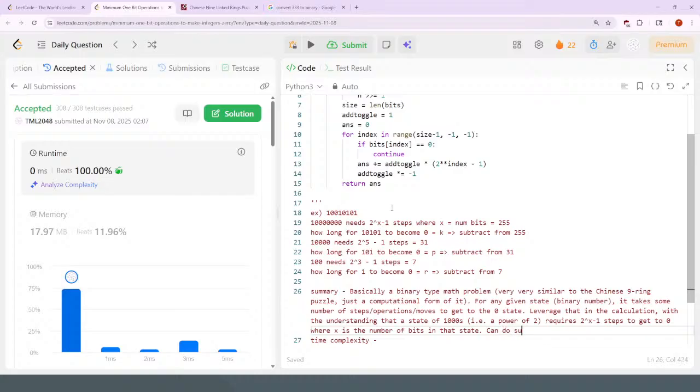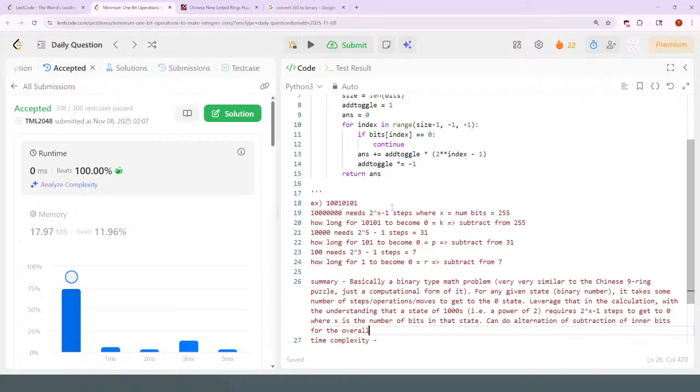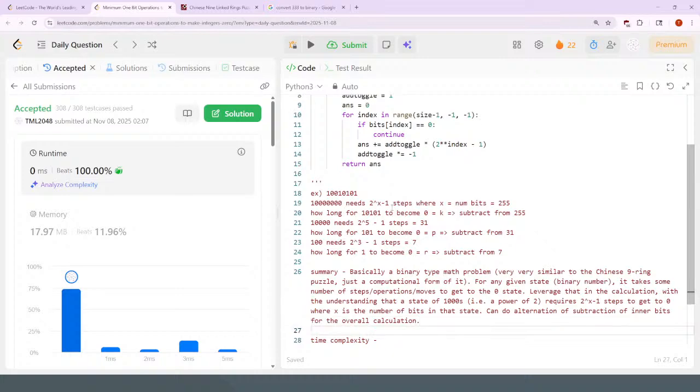Can do subtraction, can do alternation of subtraction of inner bits for the overall calculation. So just look at the example here. If you have a binary number, you already know what 1 followed by a bunch of zeros is.